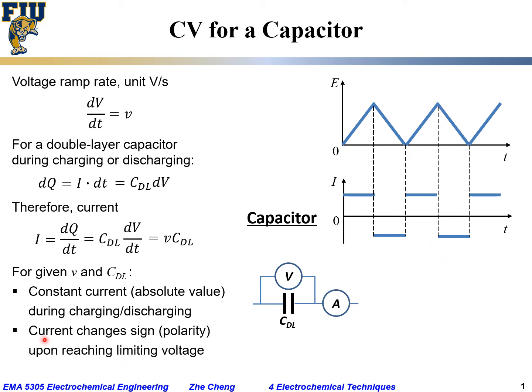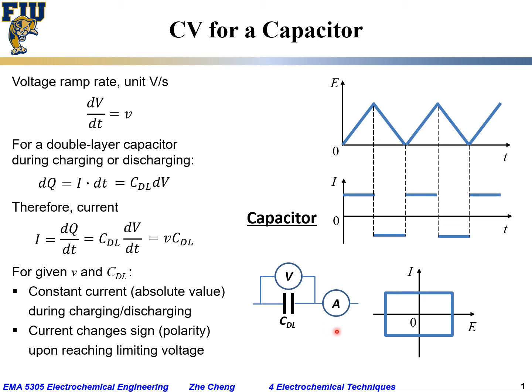Okay, and the current changes sign, or what we call polarity, from positive to negative, from positive slope to negative slope for the ramp rate upon reaching this limiting voltage. So there will be a sudden change in polarity of the current as we go from ramp up to ramp down, from ramp down to ramp up.